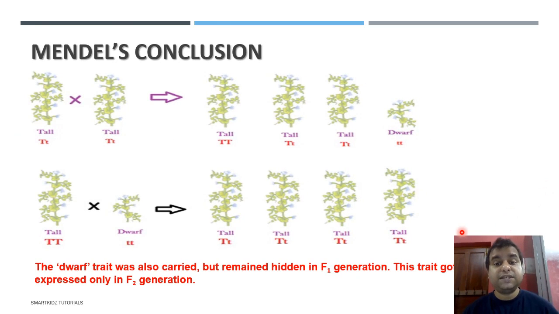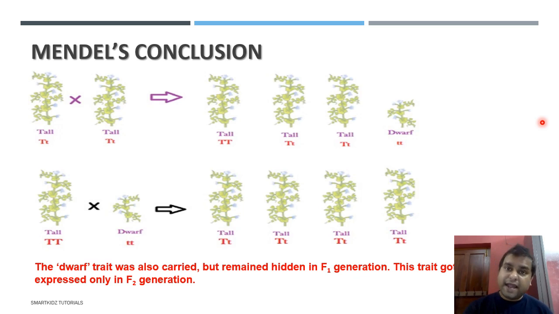Now, from this observation, what did Mendel conclude? Now, this is the important part. From this, he concluded one thing, that when he carried out the experiment between the tall plants, the characteristic or the trait, as we call, or the feature of this dwarf plant was not lost as he first assumed, but it was hidden.